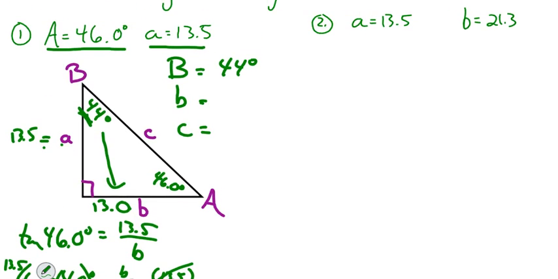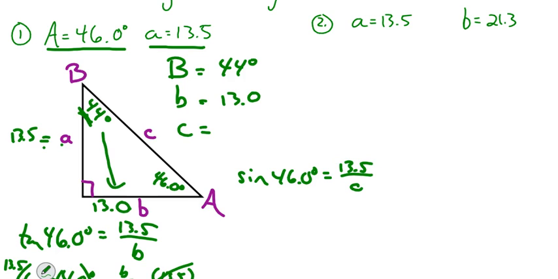So it sounds about right. And now you have choices for the other part, right? So we found b to be 13.0. So I have choices to find c. I could do the Pythagorean theorem, or I could do another trig function. For example, I could say the sine of 46 degrees equals opposite, 13.5, over hypotenuse, right? I can solve that one for c.